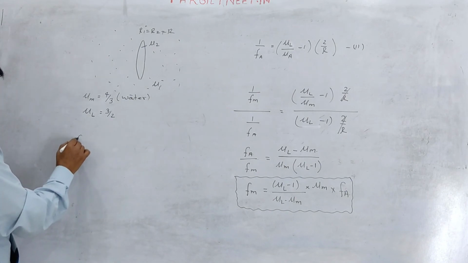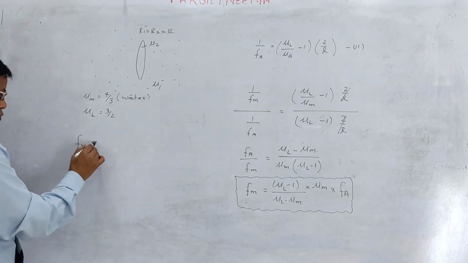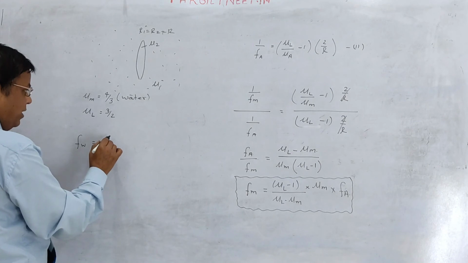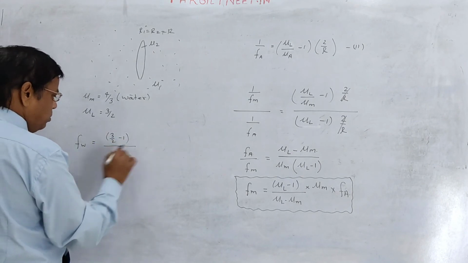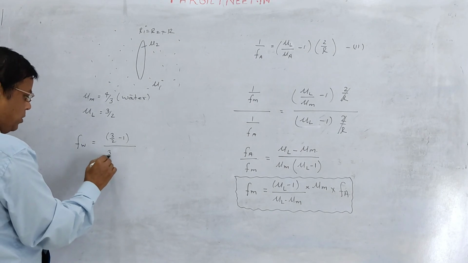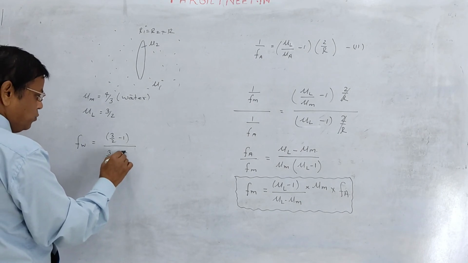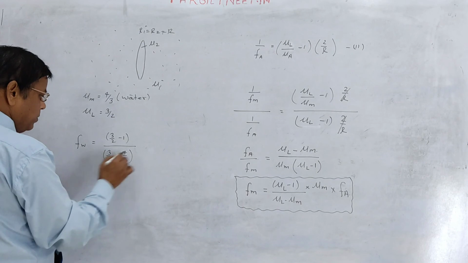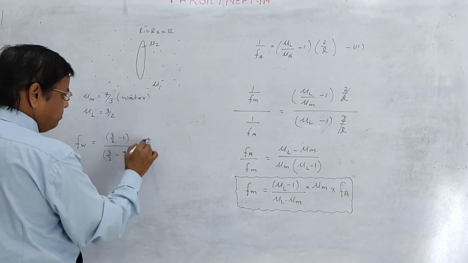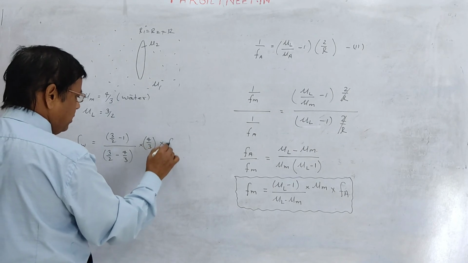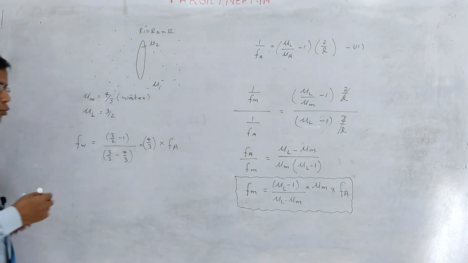So I am writing focal length in water is equal to mu lens, that is 3/2 minus 1 upon mu lens 3/2 minus mu medium, that is 4/3, mu medium, that is 4/3, and focal length in air. This we have to write.